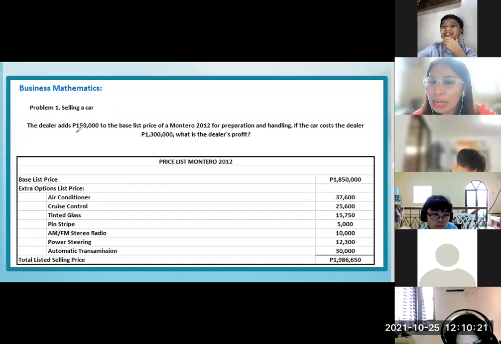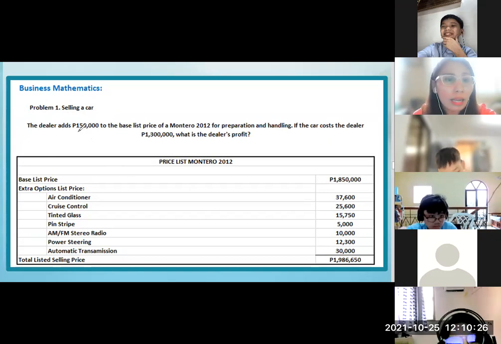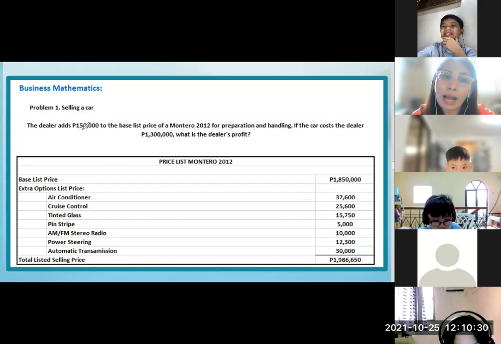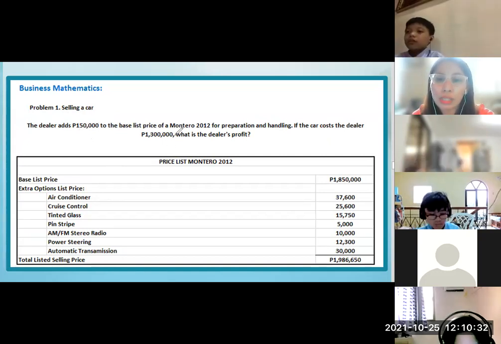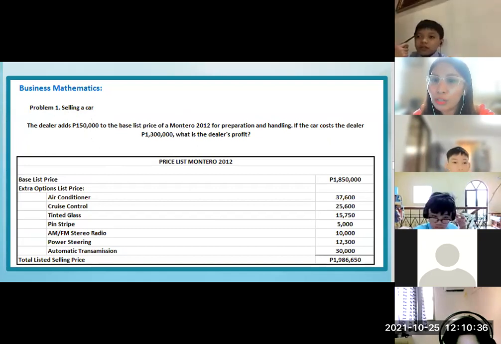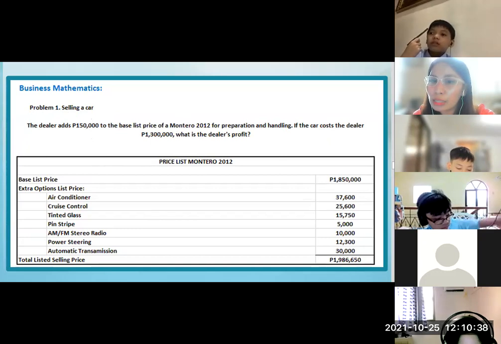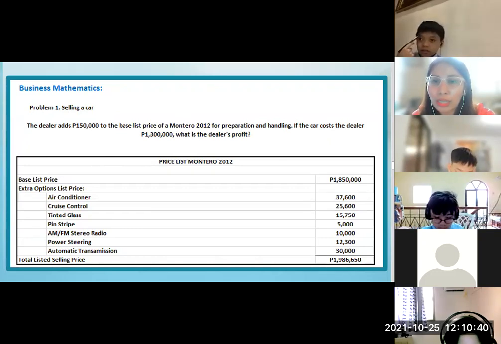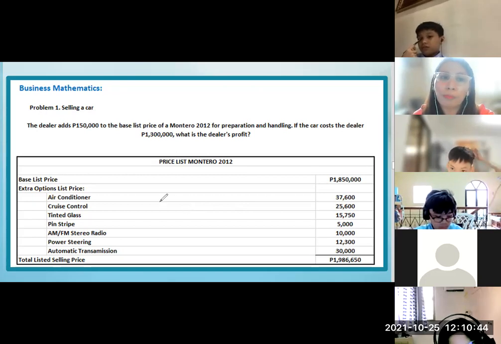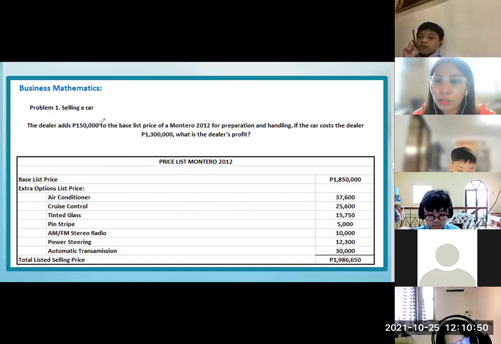So kindly erase the 9, because the correct amount to be used here is 150,000 and not 159,000. Based on your book, it is 159,000. It should be 150,000 pesos. Okay, just put a 0 over the 9.